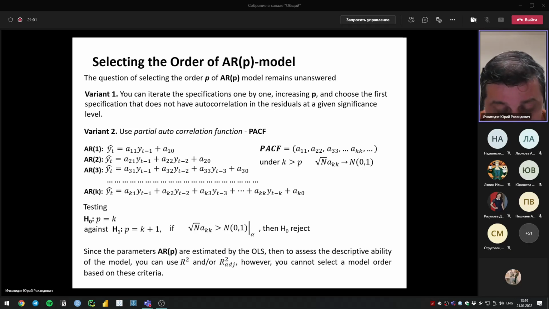Autocorrelation in the residuals is checked using the Ljung-Box test. That is, we sort through the models one by one. First, AR1, we check the autocorrelation of its residuals. If there is no autocorrelation in the residuals, then we take AR1.